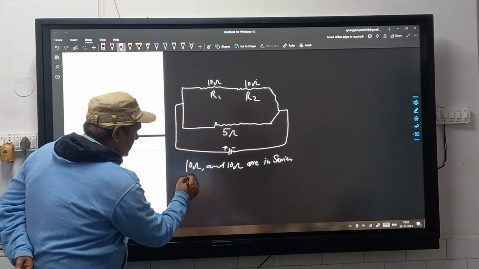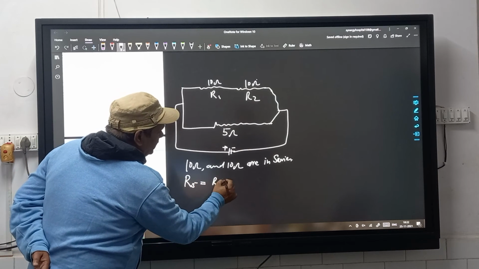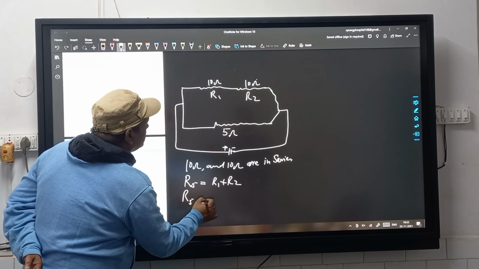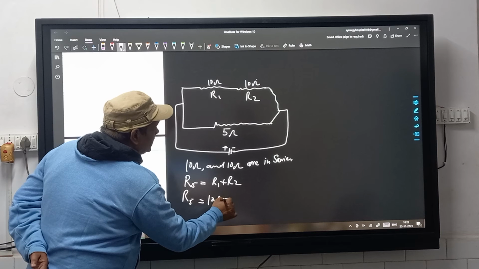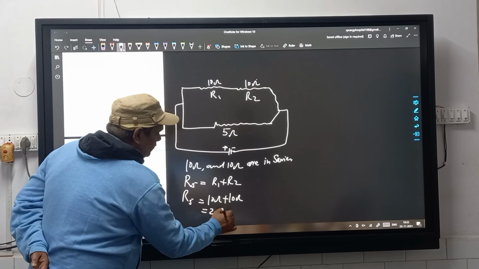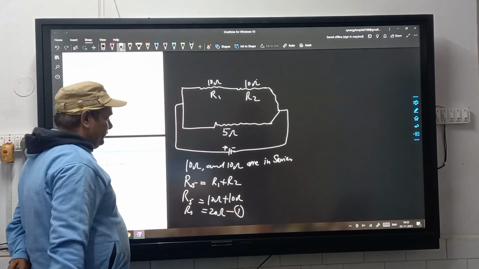Rs equal to R1 plus R2, hence Rs is equal to 10 ohm plus 10 ohm, getting 20 ohm. This is equation 1.